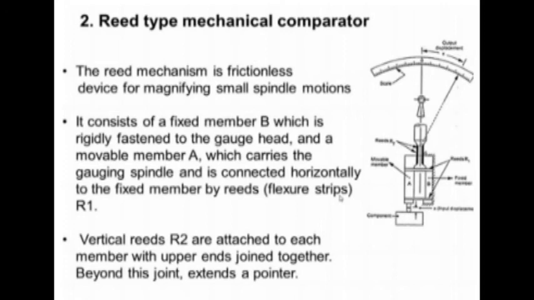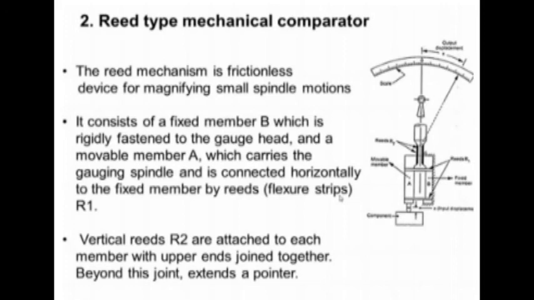These are the two horizontal reeds named R1, and we have a set of vertical reeds R2. One vertical reed is connected to the movable member, and another vertical reed is fixed to the fixed member. Now, when the component is inserted between the surface plate and the plunger, the plunger will move. So this X is the input displacement.